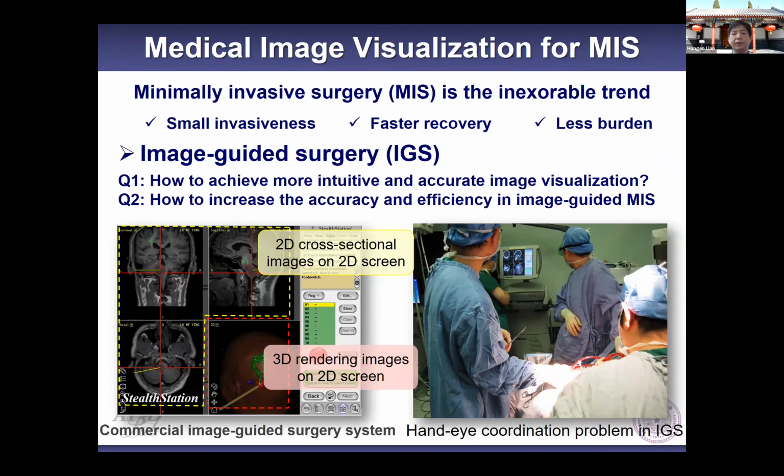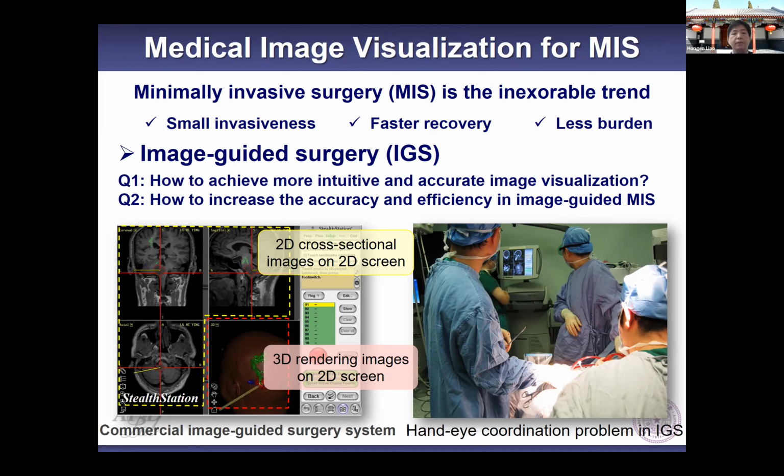During image-guided surgery, we have a good quality 3D display, but with the traditional medical image, the surgeon has to shift their view from the screen to the surgical area. This causes a hand-eye coordination problem in image-guided surgery.